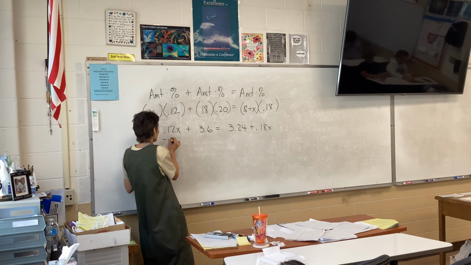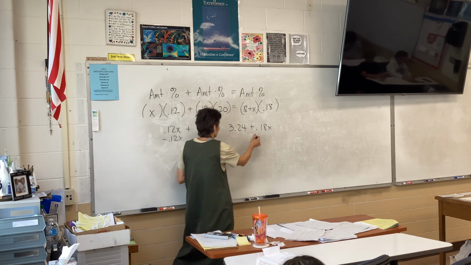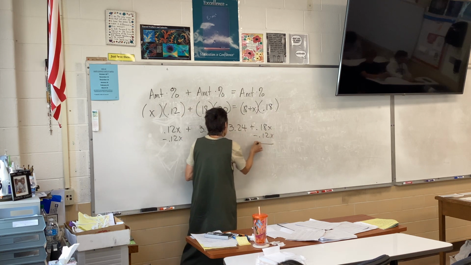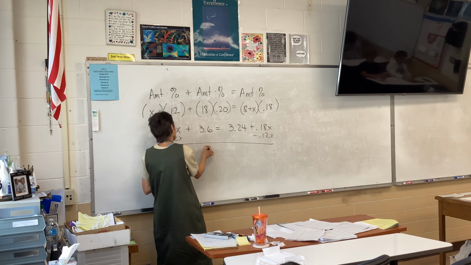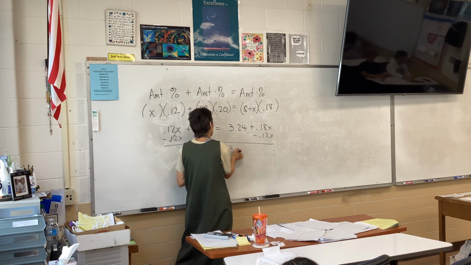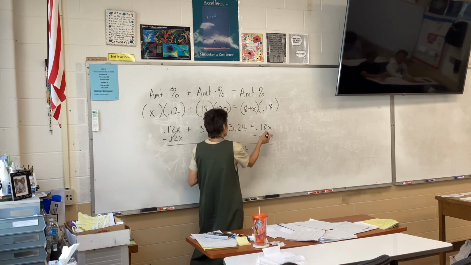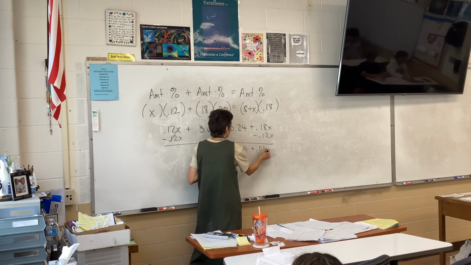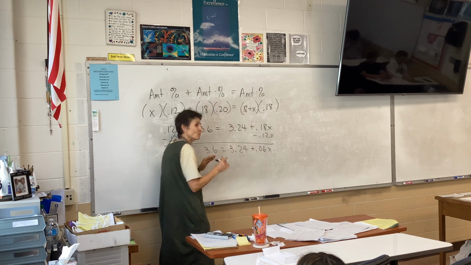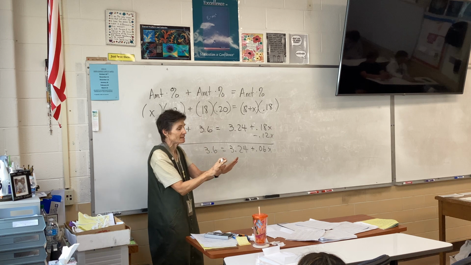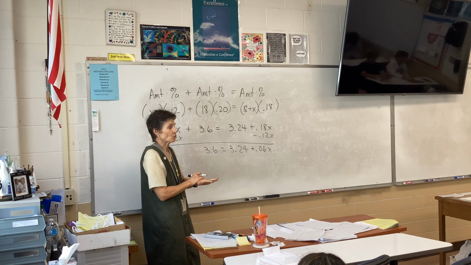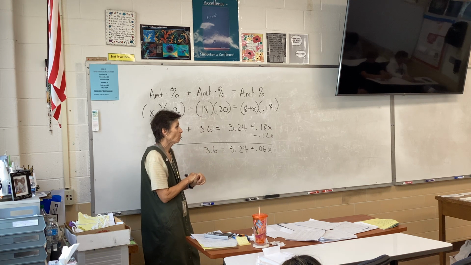Maybe I'll subtract this over to the other side. And this does cause us some problems if we're not careful. What is 0.18 minus 0.12? 0.06. So make sure, I mean, you're gonna have a calculator, so type it in if you need to. But make sure you don't put 0.6. It's 0.06.